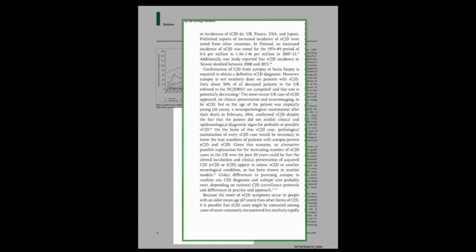Given this scenario, an alternative possible explanation for the increasing numbers of SCJD cases in the UK over the past 20 years could be that the altered incubation and clinical presentation of acquired CJD, VCJD or ICJD appeared to mimic SCJD or another neurological condition, as has been shown in murine models. Now, you've already given us some evidence in relation to this latest case.